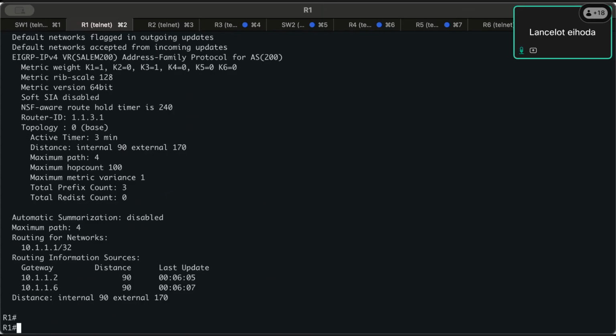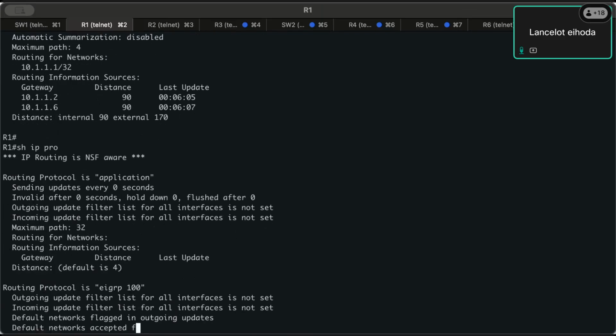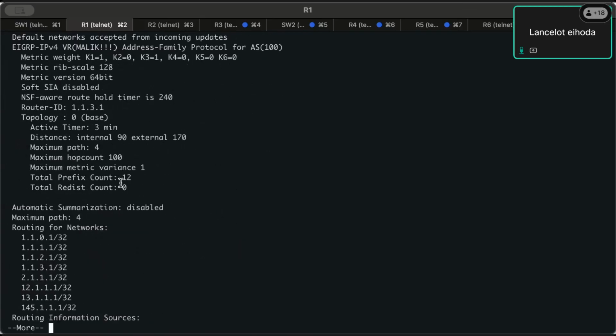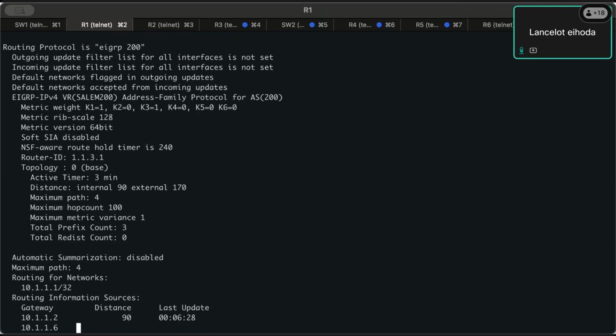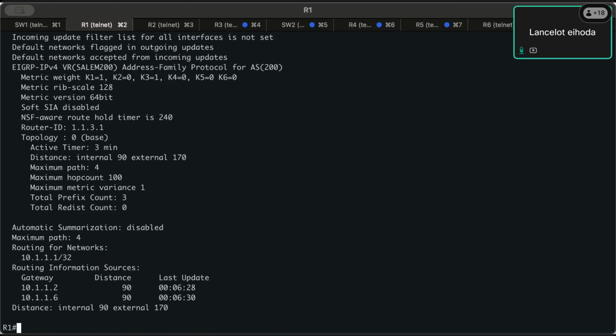But that active timer means it is running, it's counting down. If we do that command again, you'll see the active timer will have dropped, because it's dynamic. It's 3 minutes for that. But what we're actually saying is that we should configure the hello interval.